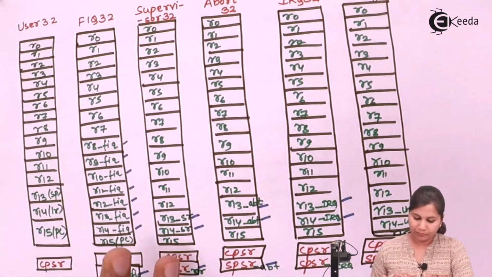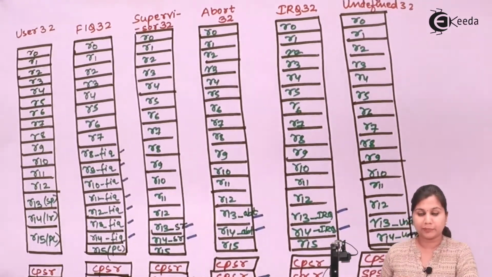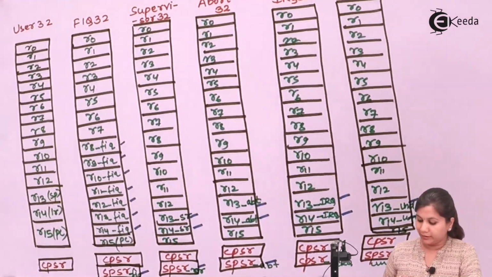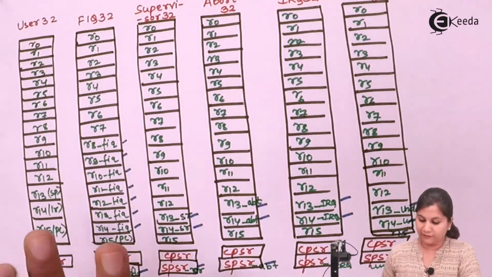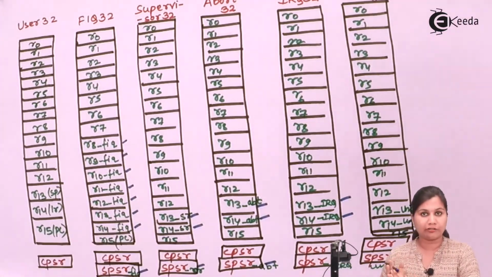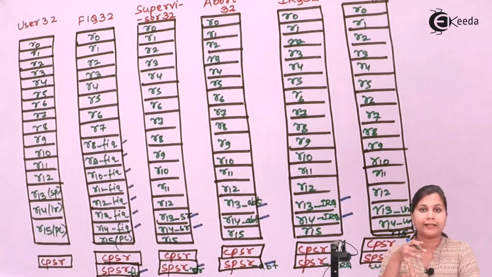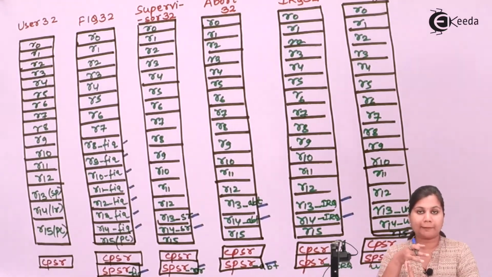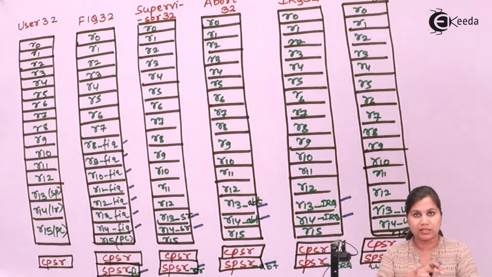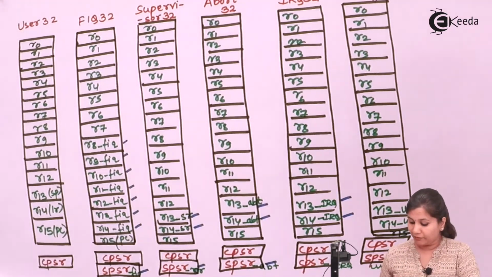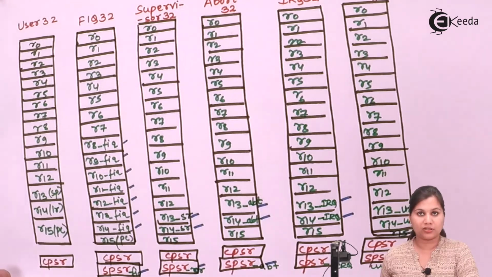Okay, now we have seen in this programming model that in a generalized way, we are having the 30 general purpose registers, then we are having program counter, stack pointer, and current program status register, and saved program status register. Okay, and we have seen the function of these registers also.